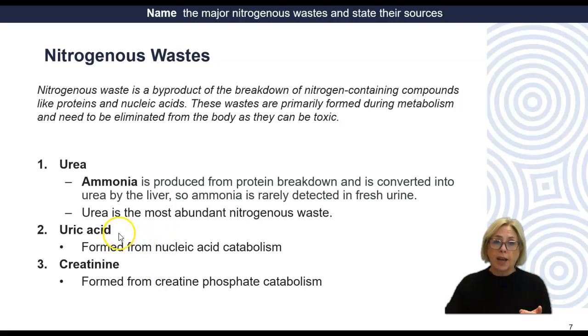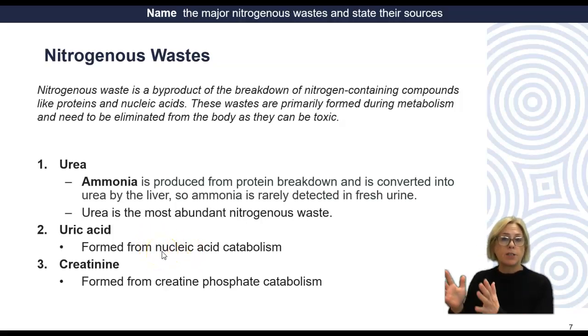Then we have uric acid. Uric acid is formed from nucleic acid catabolism, so from the breakdown of those purines that are found in DNA and RNA, and those purines, of course, being adenine and guanine. Now, uric acid itself, if that accumulates in the body, it can cause a clinical condition called gout.